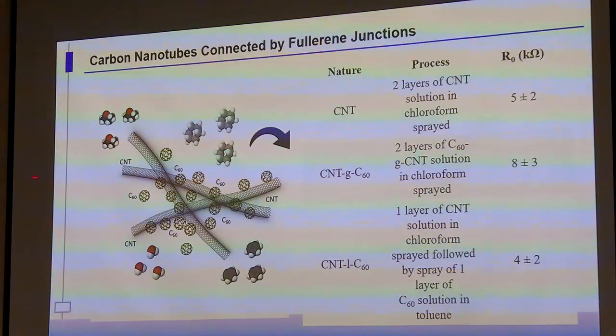So three different types of network: one is carbon nanotube, second is CNT grafted with C60, and the third is CNT mixed with C60. And here the resistance is like 5 to 2 kilo ohm, 8 to 3 kilo ohm, or 4 to 2 kilo ohm. So you can see when you have simply mixed, it is still pretty conductive. But when you do grafting, the resistance is a little bit higher here.